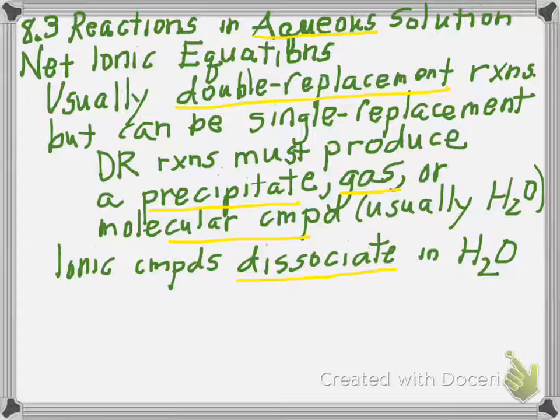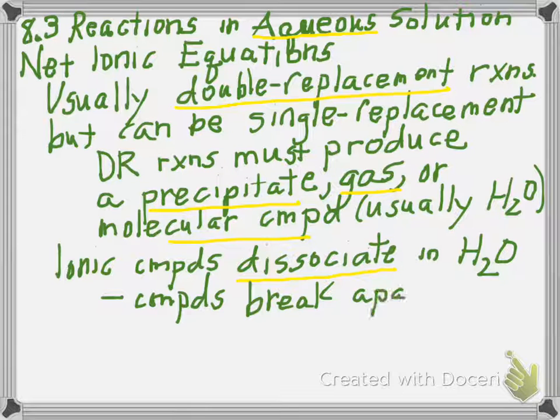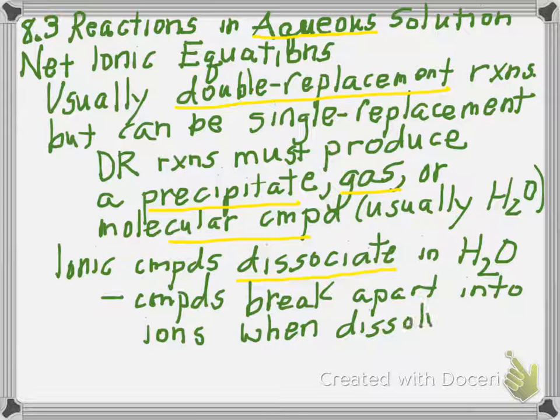What we're seeing here is these ionic compounds are dissociating in water. What does that mean? That means that these compounds break apart into their ions when they're dissolved in water.